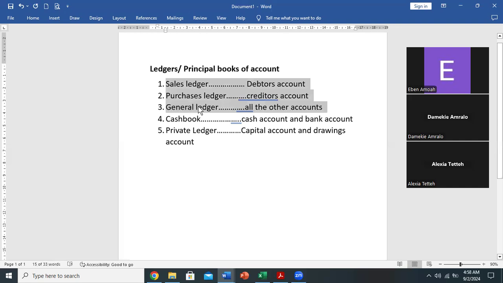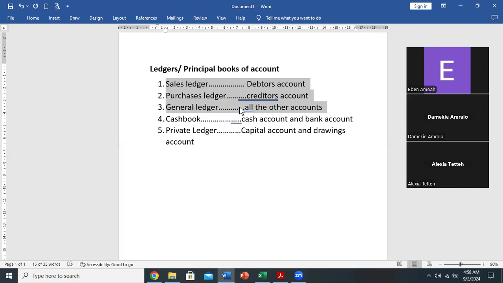You have all your assets, let me be specific, all your assets except debtors, because debtors is in the sales ledger. Sorry, excuse me. Okay. And then all your liabilities except creditors, they are all in this ledger. So when you open the general ledger, in fact, it is like an encyclopedia. It has a lot of accounts in there.